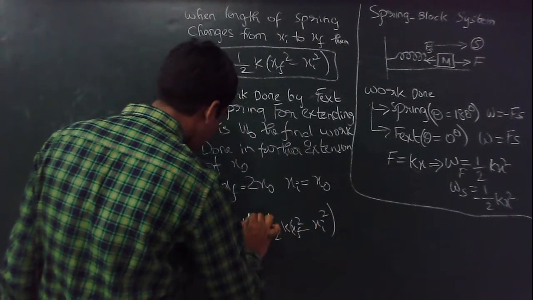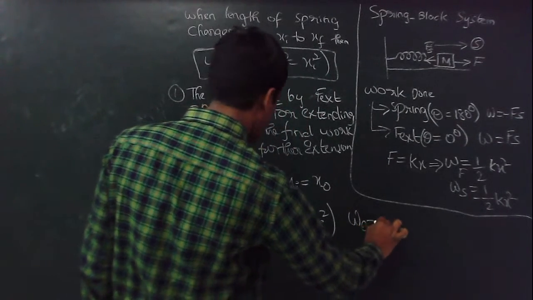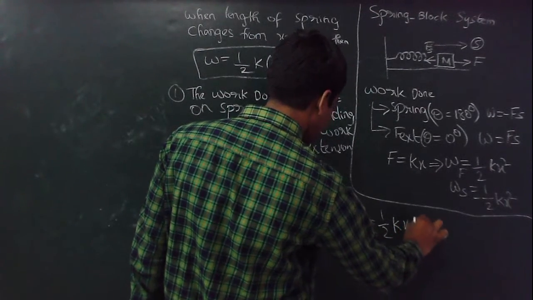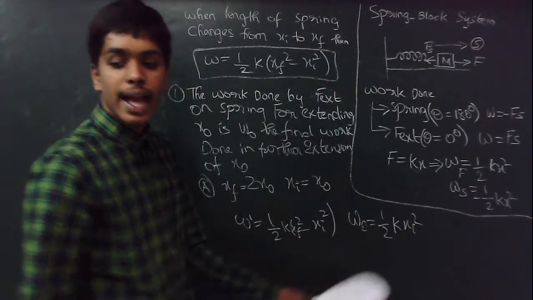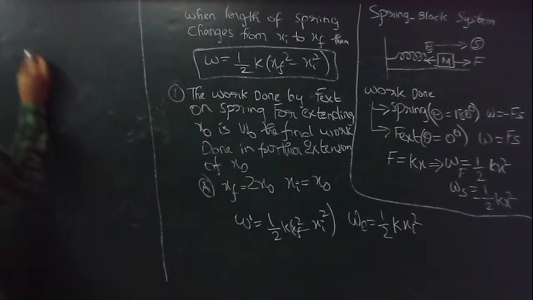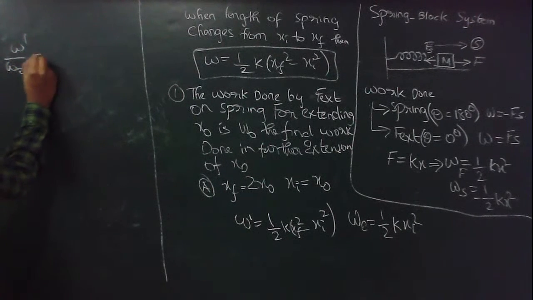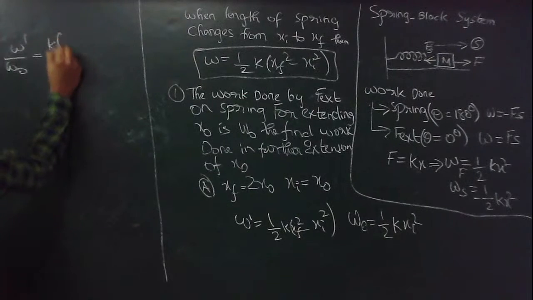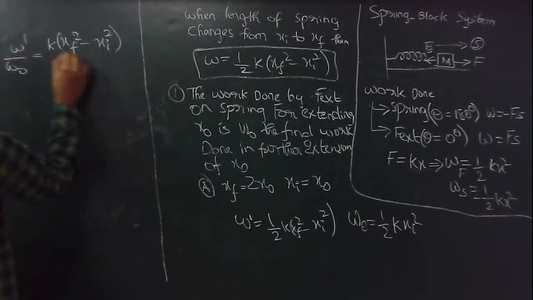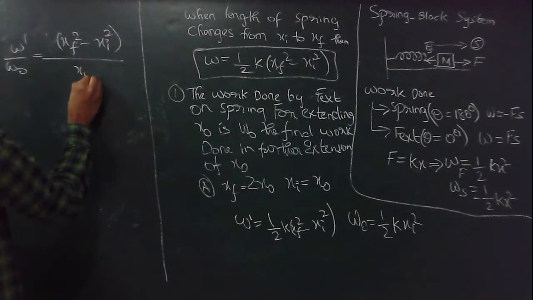And W naught is equal to half into k into x initial square. Let's divide these. So W dash by W naught is equal to k into xf square minus xi square upon k into xi square, where k will also cancel out.